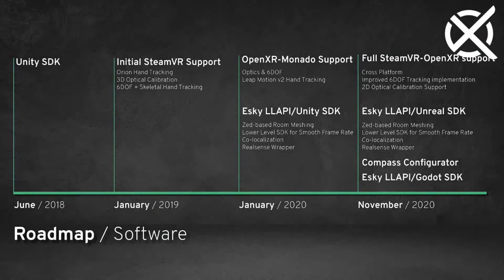So the project initially started out with a pretty bare bones Unity SDK. So we worked with that a bit, and then we added Steam VR support as an initial pass. Unfortunately, that was broken within a Steam VR update, so we had to go back to the drawing board for that.